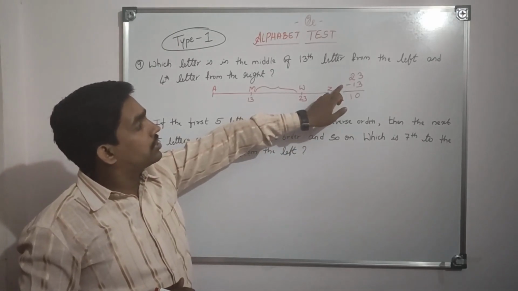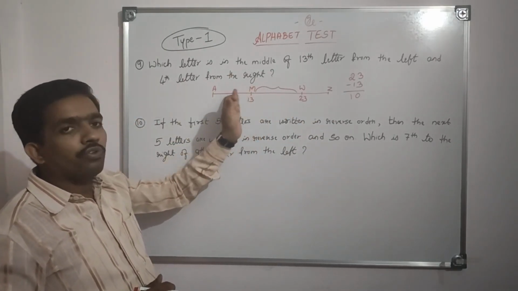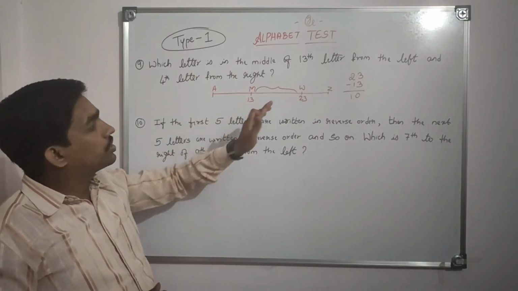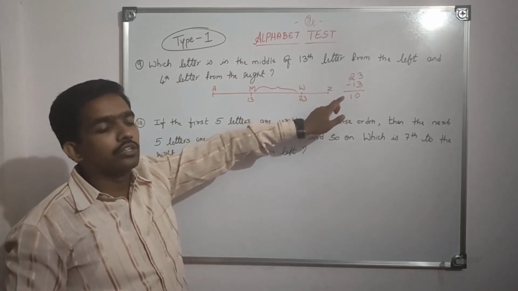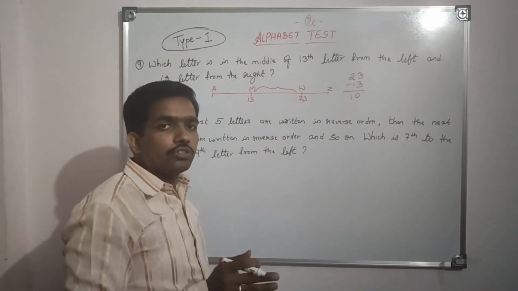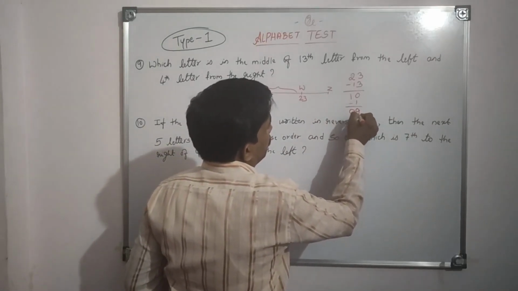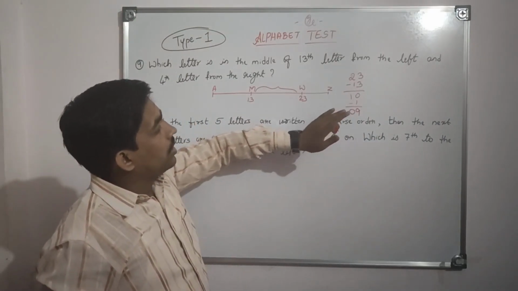In this subtraction we removed up to M, so M is already removed, but W is still there. So we have to remove W also. Minus 1, we will get 9.